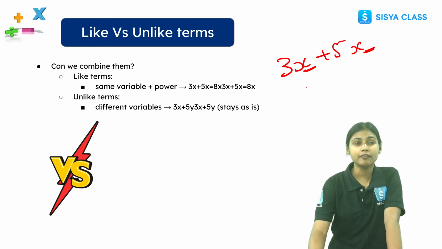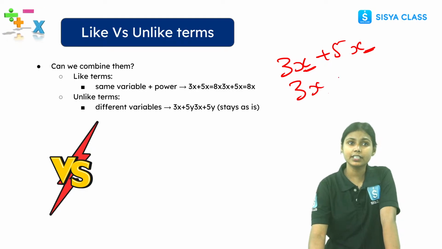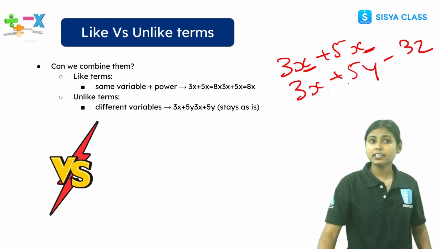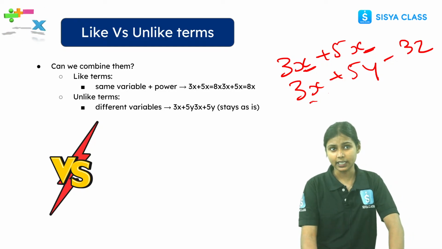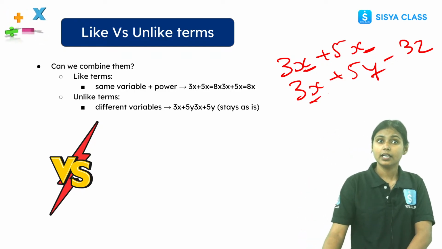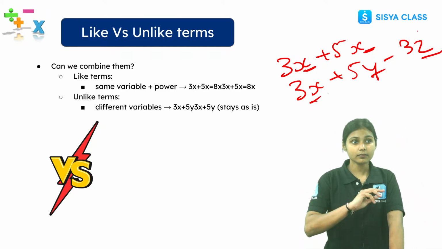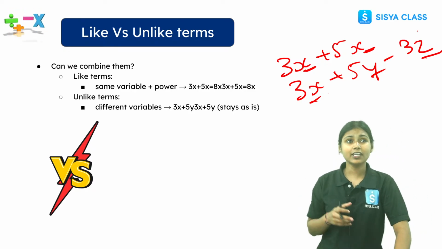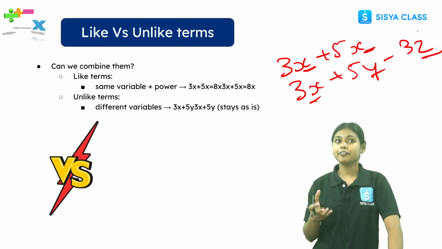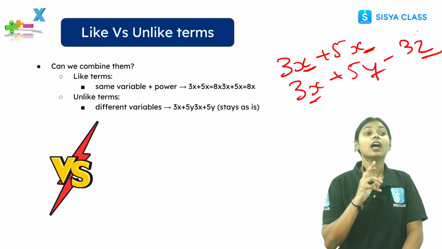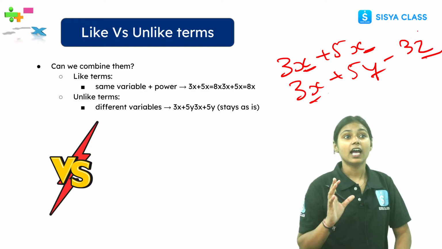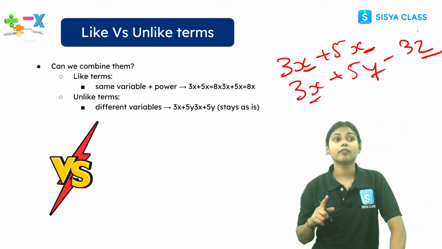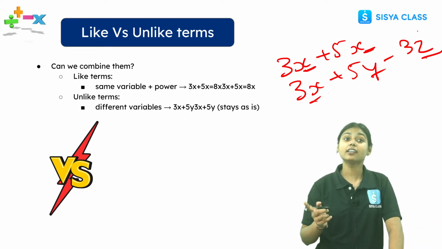On the contrary, suppose we have 3x plus 5y minus 3z. Here x, y and z are different variables, so we call them unlike terms. And if we have the same variable with the same power, we call them like terms.